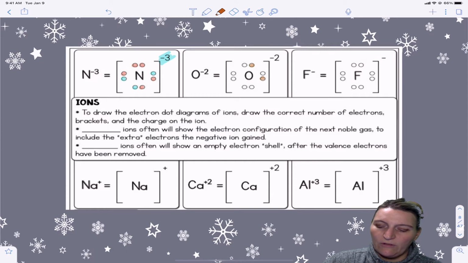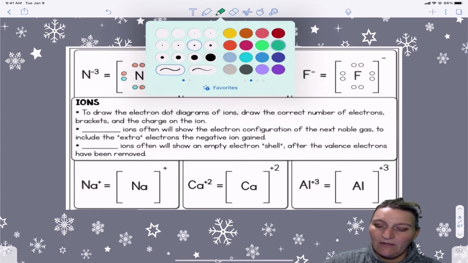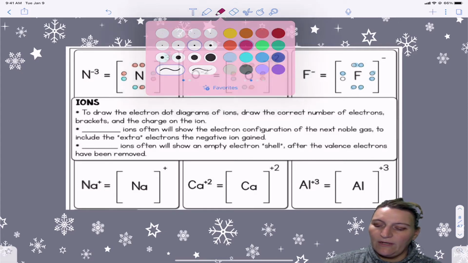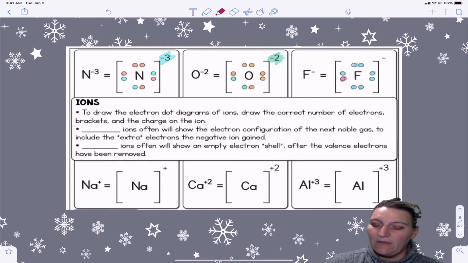Oxygen has 1, 2, 3, 4, 5, 6 typically, and it gains 2, so its charge is now 2 minus. Fluorine normally has 7, 1, 2, 3, 4, 5, 6, 7. Of course, it gains 1, and that's how it has a charge of negative 1.